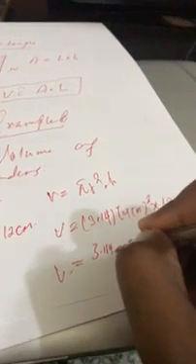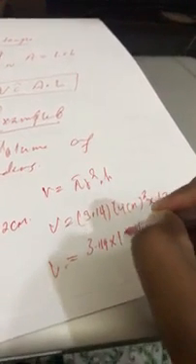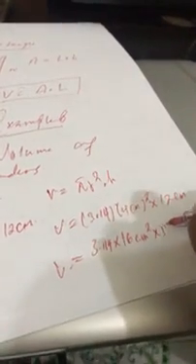So what's 4 square? We know it's 16. Then we're doing 3.14 times 16. Centimeter times centimeter is centimeter square, times 12 centimeters. Then to find the volume, we're multiplying 3.14 times 16.